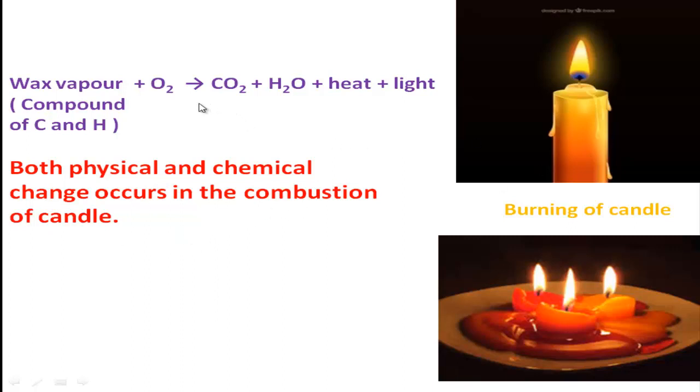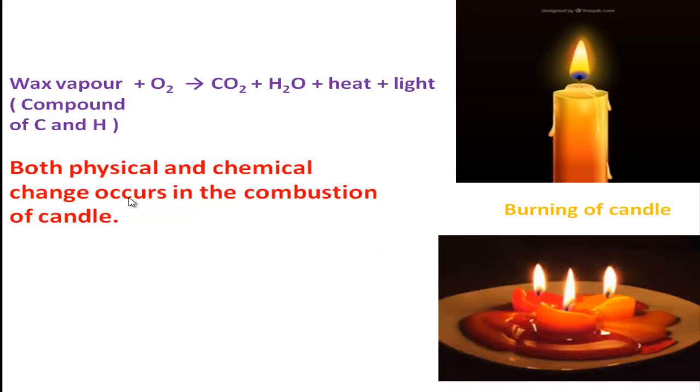And because of this reaction the size of the candle gradually decreases. How? Because wax vapor is gradually converted through the reaction into these products, so the amount of wax decreases, and for this the size of the candle decreases. Now I hope you are totally clear about the burning of a candle.